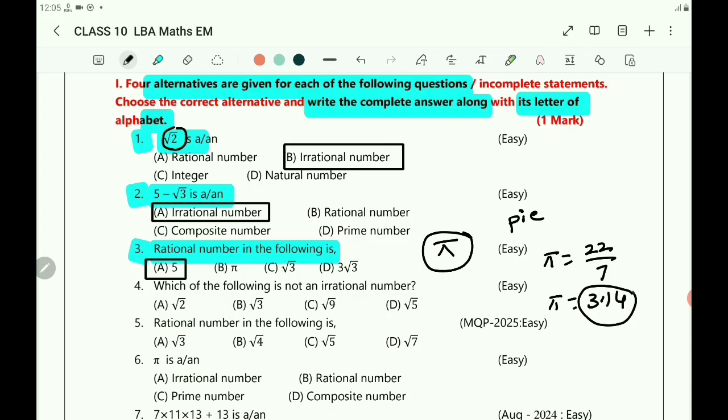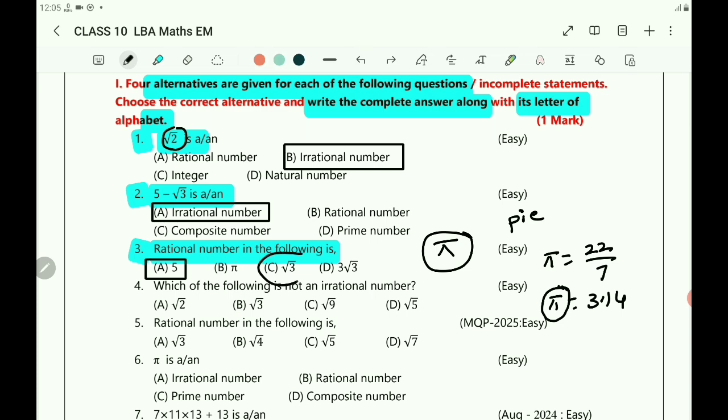This is also an approximate value of pi. Here 22 by 7 and 3.14 are rational, but these are not the exact value of pi, because pi is irrational. You can't have the exact value for pi. Therefore, pi is irrational. You can't express that in the form p by q.